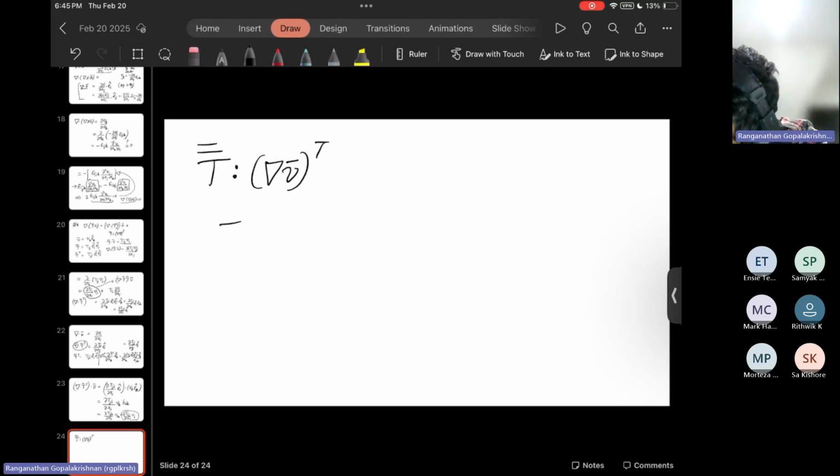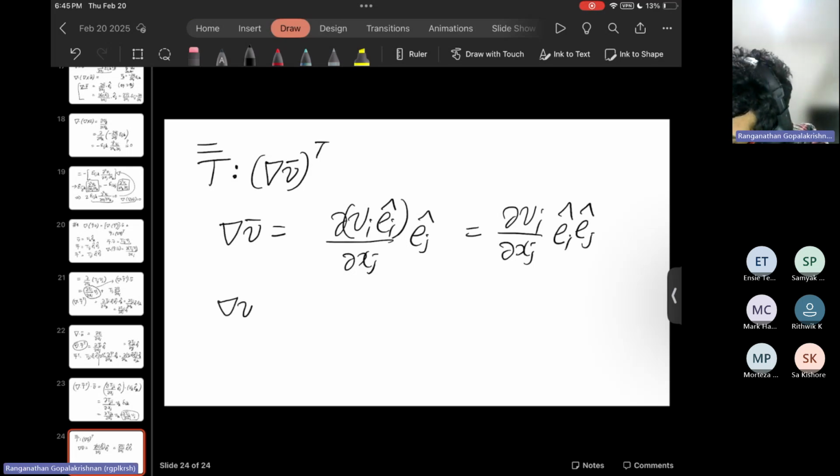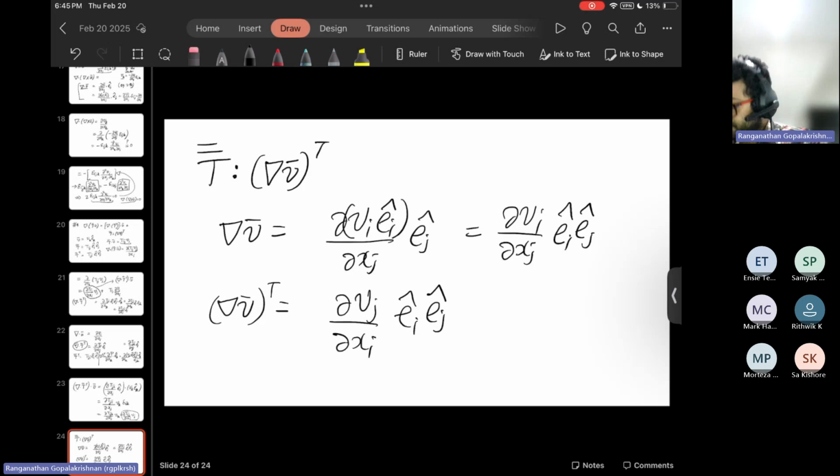That is, gradient of V is equal to partial derivative of V_i e_i with respect to x_j e_j. So this is partial derivative of V_i with respect to x_j, e_i e_j. So the gradient of V transpose would be partial derivative of V_j with respect to x_i, e_i e_j.